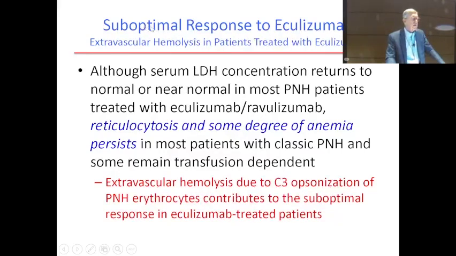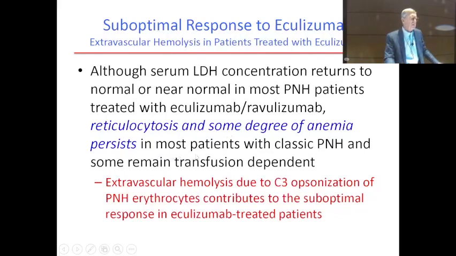There are patients who have a suboptimal response to eculizumab or ravulizumab as a result mainly of extravascular hemolysis. So even though the LDH concentration can return to normal or near normal, patients treated with anti-C5 therapy maintain oftentimes a fairly high degree of reticulocytosis and some degree of anemia.